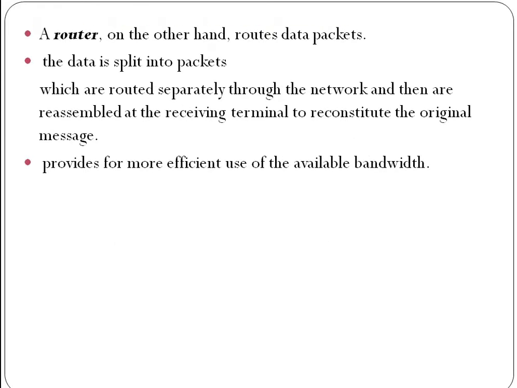So coming to a router, on the other hand, it routes data packets. That is, in this case, the data is split into packets which are routed separately through the network, and then they are reassembled at the receiving terminal to get back the original message.